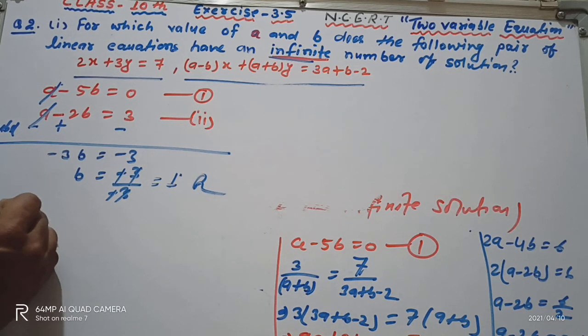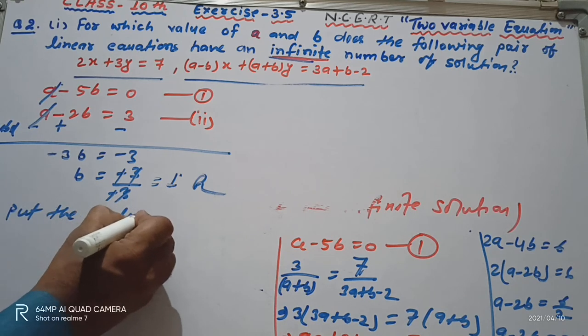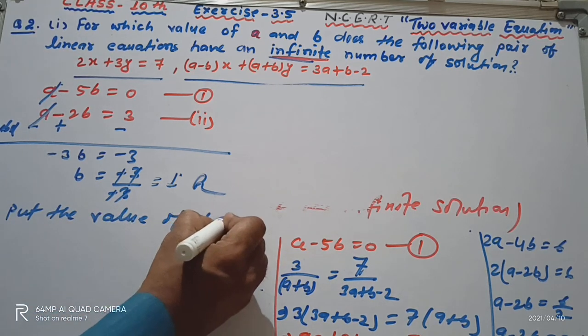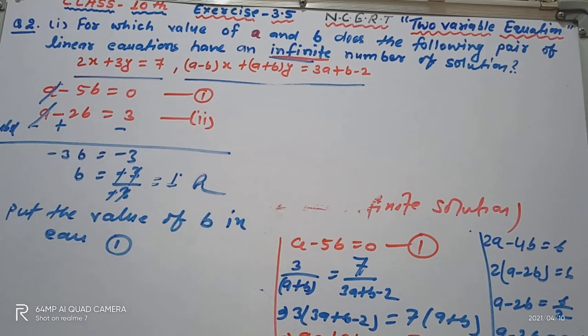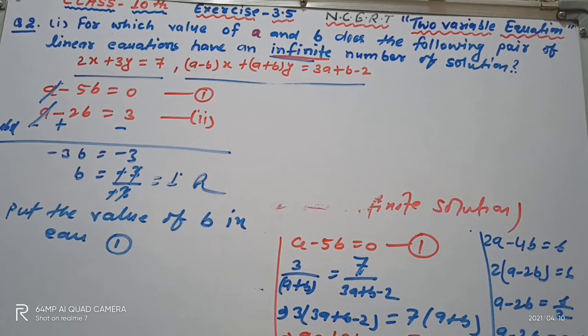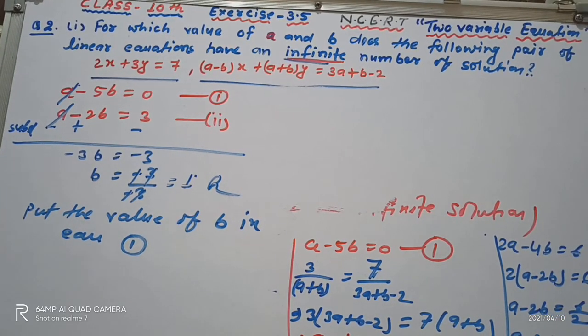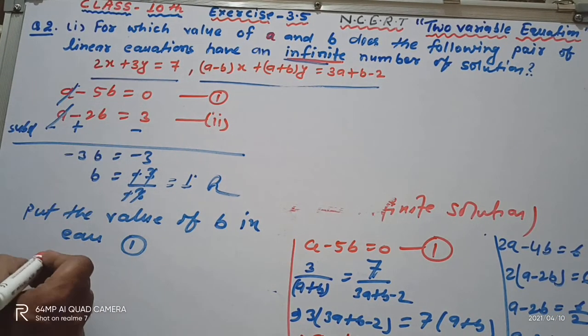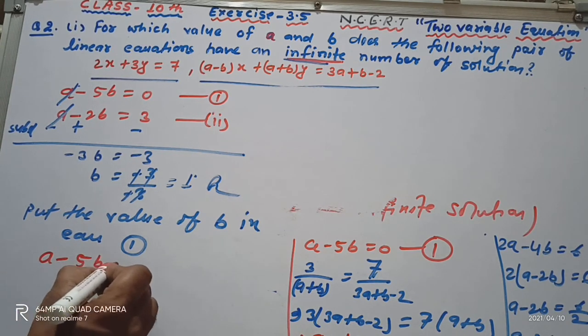Now put this value of b in equation 1 and you can find it easily, no problem at all. So in equation 1 the equation given is a minus 5b is equal to 0.